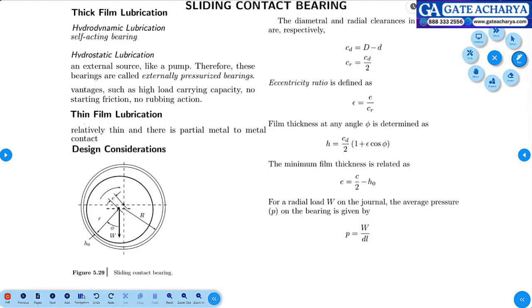Okay. Sliding contact bearing. There are certain concepts in this. Thick film lubrication. See, this is the bearing. This is the journal of the shaft. It will be filled up with oil here.